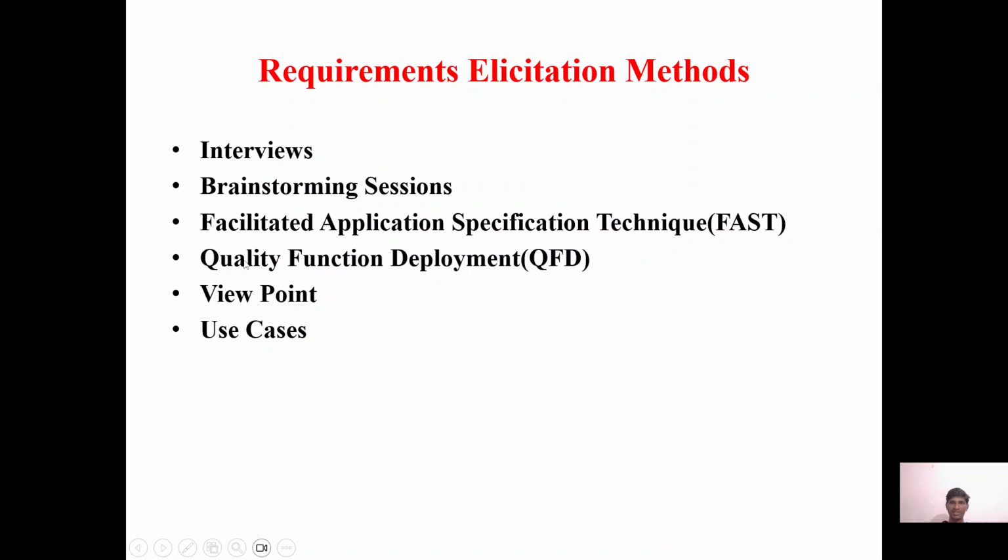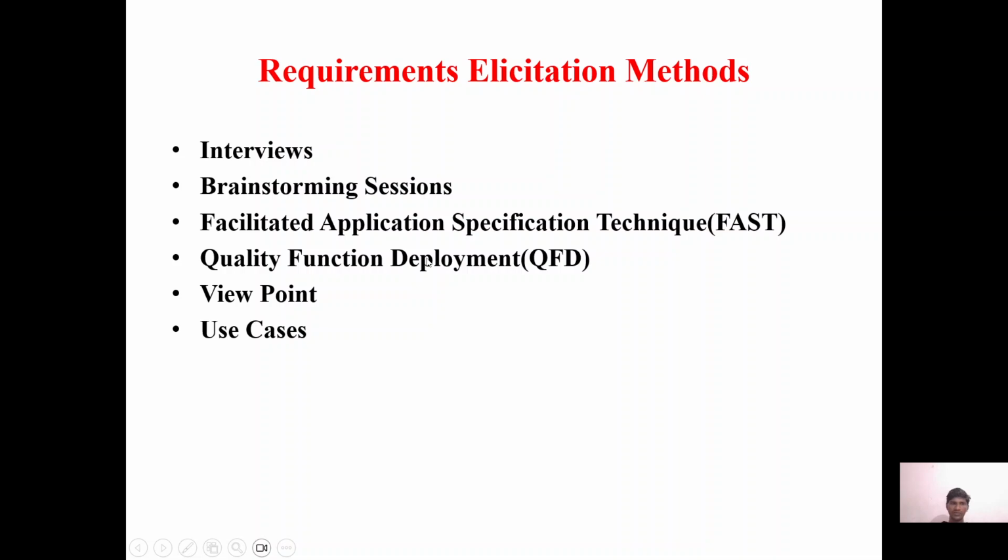Next is FAST, facilitated application specification technique. Its objective is to bridge the expectation gap between what the developers think they are supposed to build and what the customer thinks they are going to get. It is a team-oriented approach developed for requirement gathering.